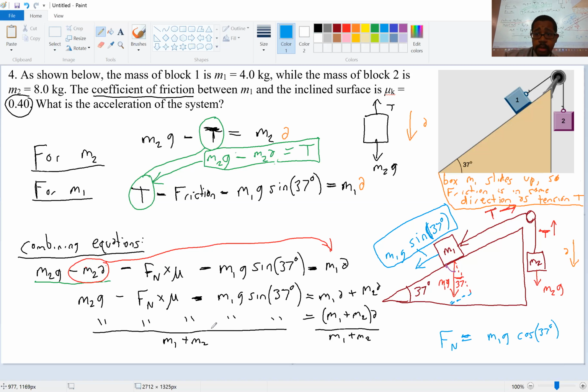M2 is the heavier one, so it is going to pull this one down. Yeah, M1 is 4, M2 is 8. So it is going to accelerate this way, and friction is going to act that way, the same direction as this one. Okay.